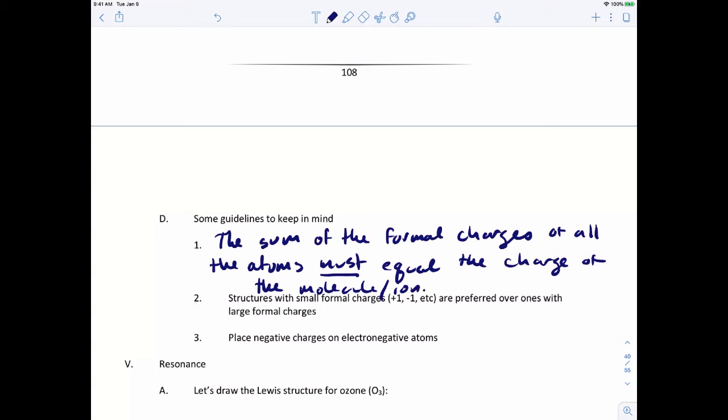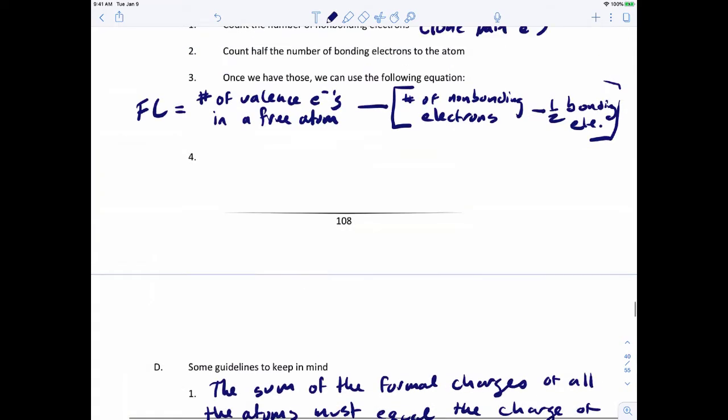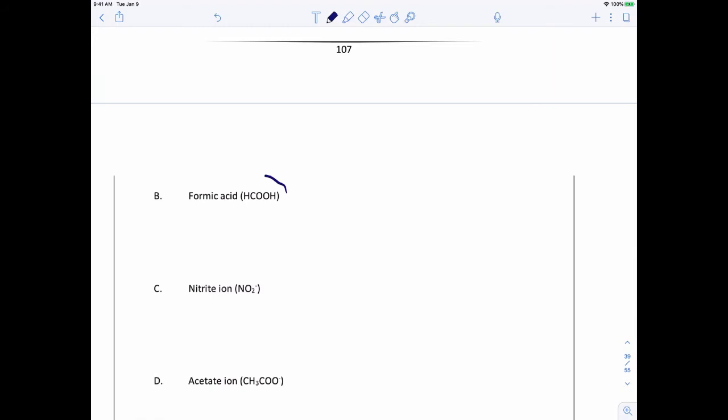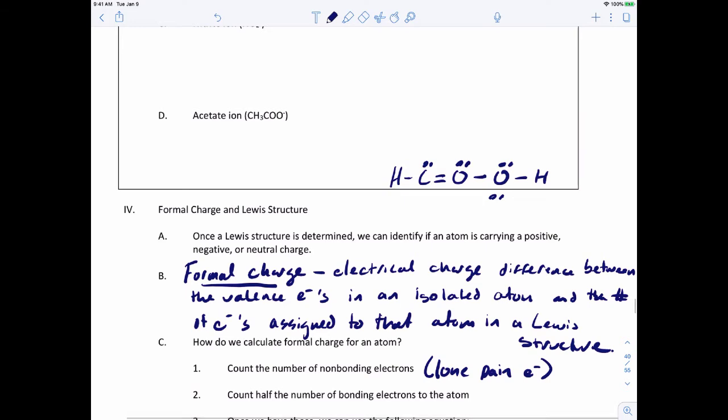All these formal charges have to equal whatever that thing is. In this case, formic acid was neutral, so when we add up all these formal charges for this Lewis structure, it better be 0. Otherwise, we got a problem.